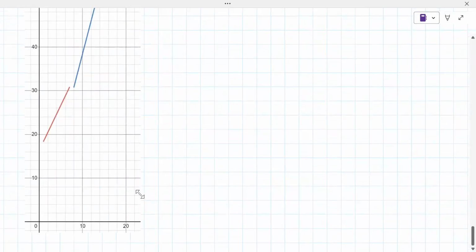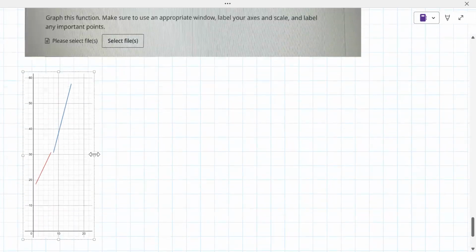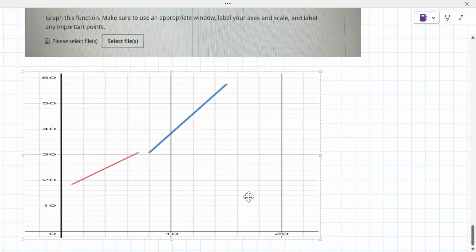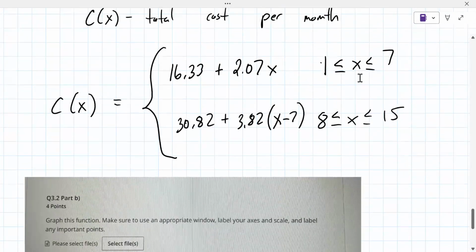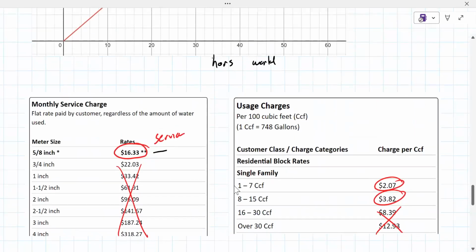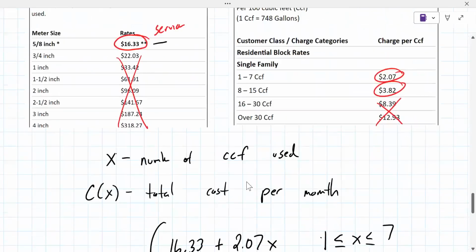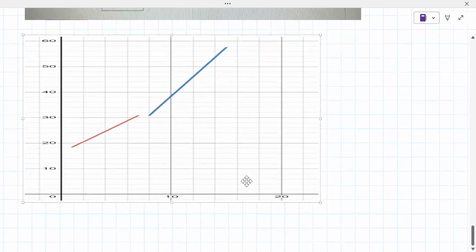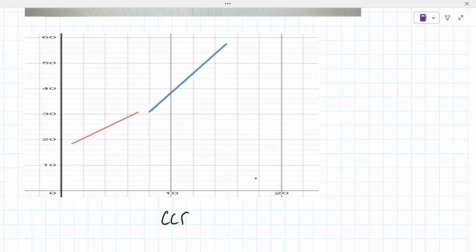I don't know what to suggest, but there is truly this gap here. The reason is because these endpoints don't match. But when you looked in the table, they don't match either. It says 1 to 7, 8 to 15. You might ask your teacher about that. I don't know. But this is the CCFs that you're using. This is the amount that you're paying.